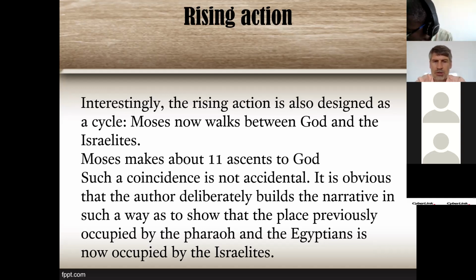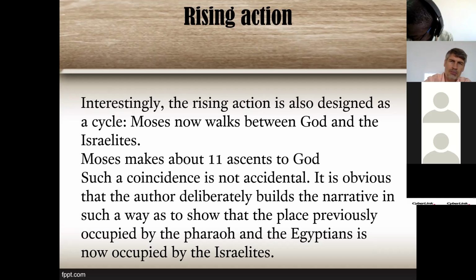But what is also interesting is that in the first part of the story, we have a protagonist and an antagonist. God and Moses were in the camp of the protagonist, and Egyptians and Pharaoh were in the camp of the antagonist.